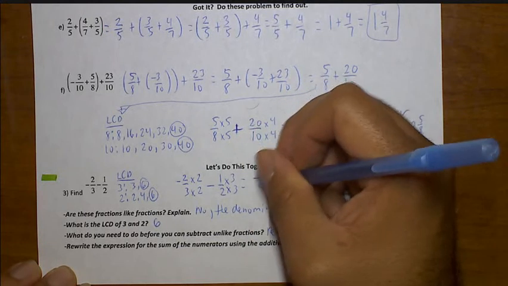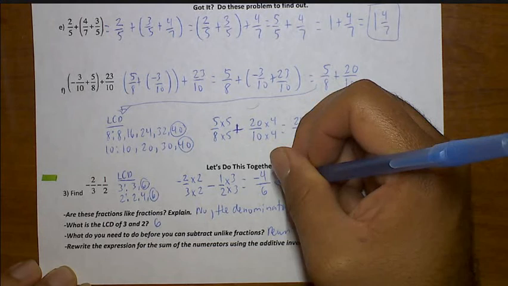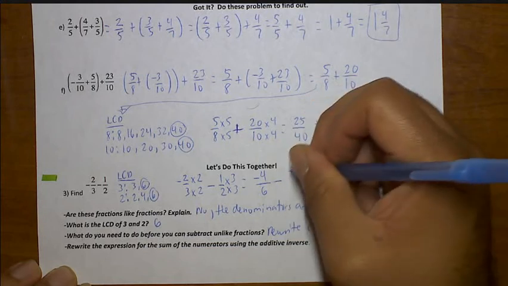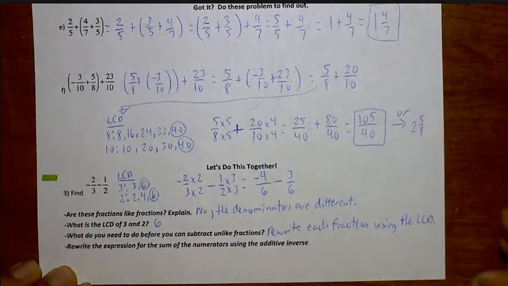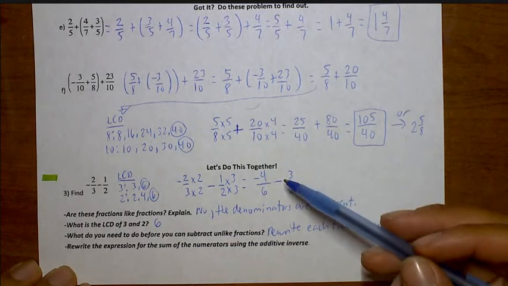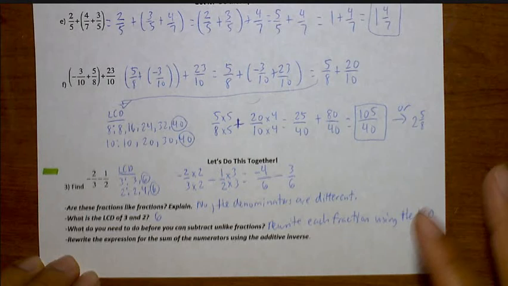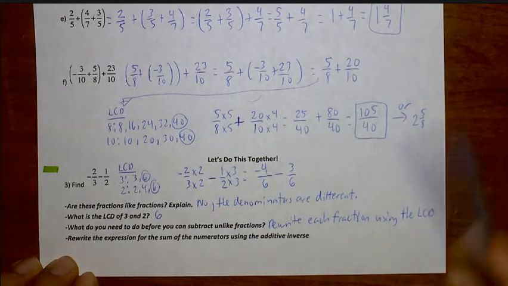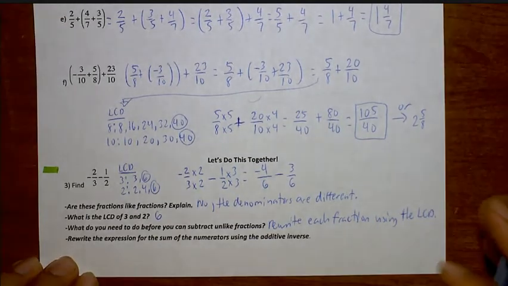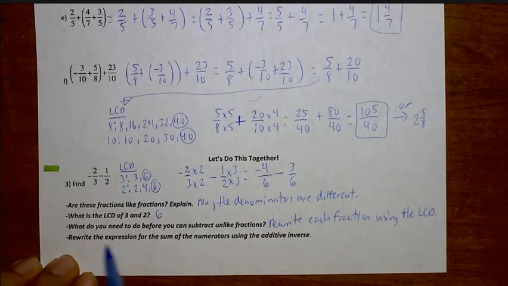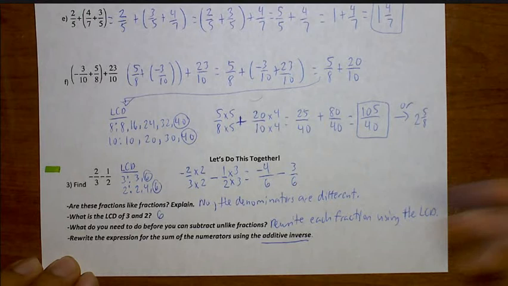So going back here, I can say that negative 4 over 6 plus negative 3 over 6 is me rewriting this problem using the additive inverse. So once again, subtraction becomes addition and positive 3 becomes negative 3.